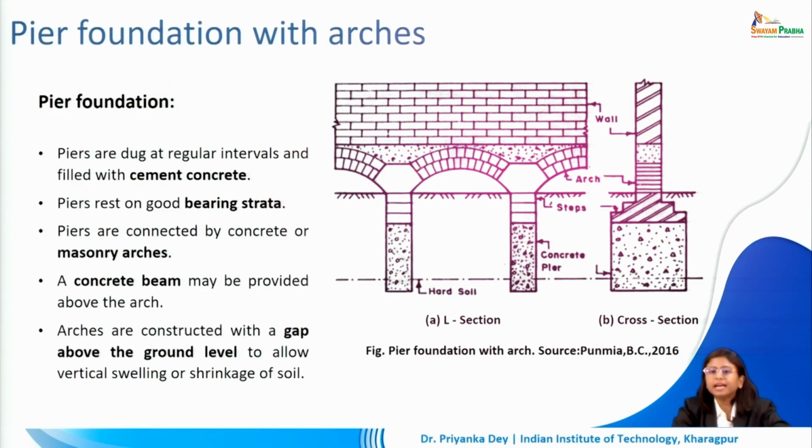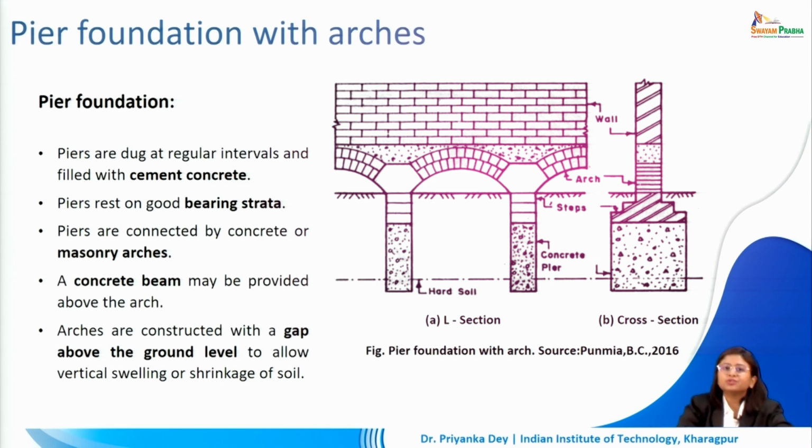The second type of foundation that we can use in black cotton soil is pier foundation with arches. So the name is pretty self-explanatory. What we are doing is creating piers at regular intervals, and above this, with the help of arches and a level base, we are going to create a surface on which we can further build our superstructure.